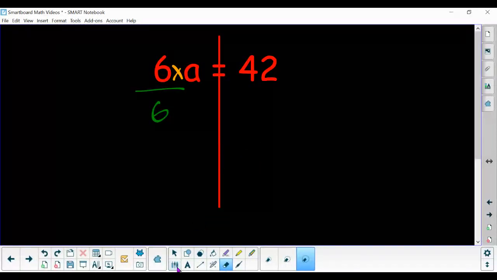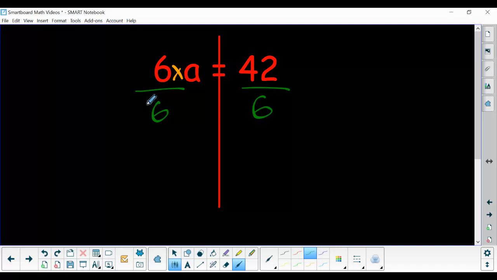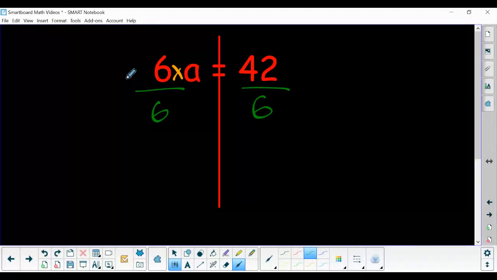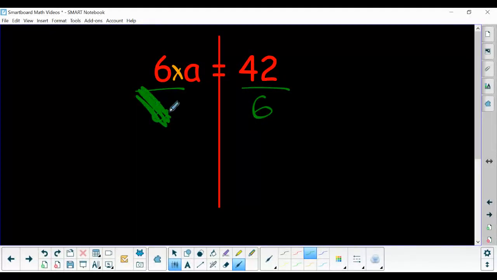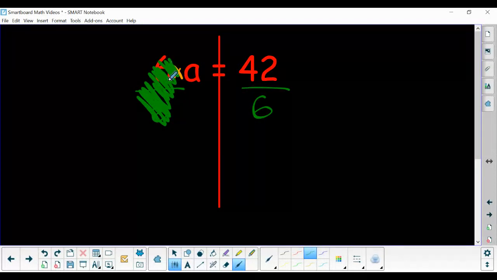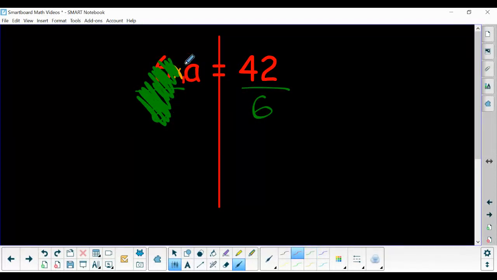So I'm going to divide this side by 6. When you divide the left side by 6, these two turn into 1. And what is 1 times a? A. So we can just scratch it off. You don't have to put 1a. You can just leave it as a because we already know there's a 1a there. And guess what?